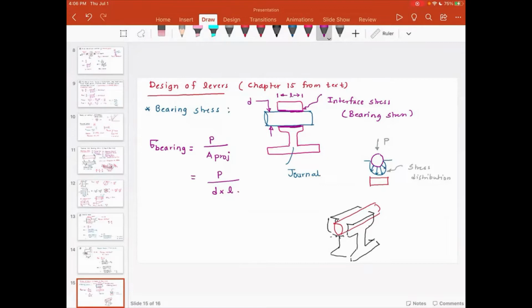So whenever we talk about the design of a bearing, or the lever, or the pin, it is usually designed using bearing considerations. Let me take a lever design problem and things will be clear.